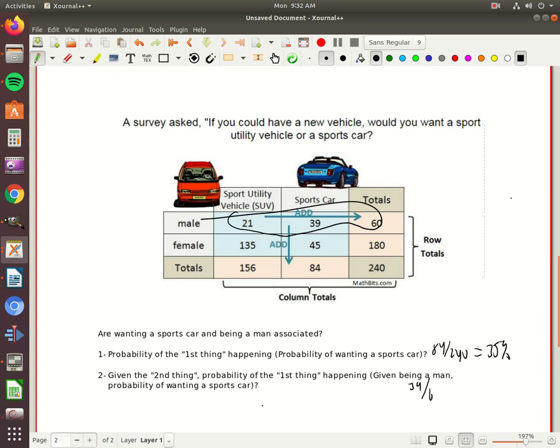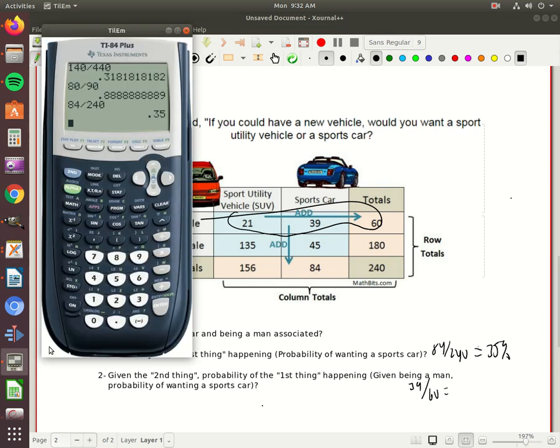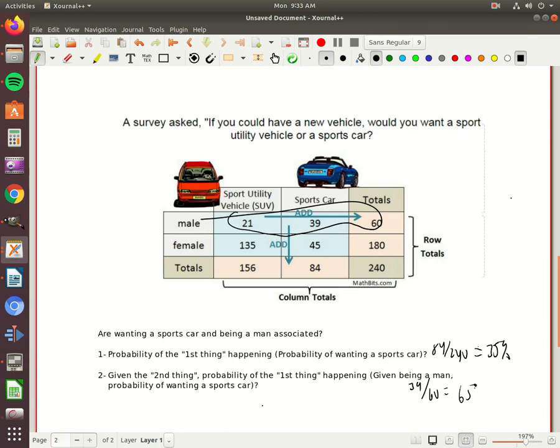It's 39 out of 60, and 39 divided by 60 is 65%. So is there an association? Those numbers are different, so I would say yes. According to this data, which is probably fictional, men prefer sports cars. If you want to sell a sports car, you should apparently find a man.